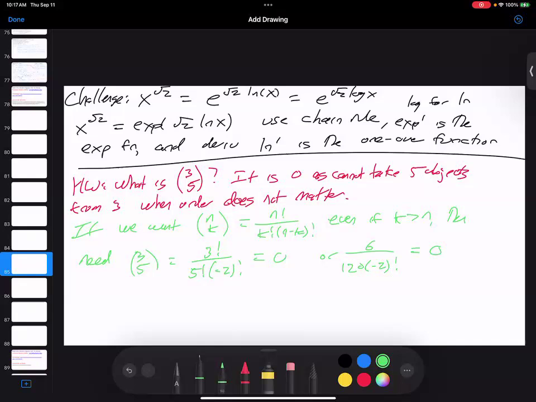So the only way that could work is we need negative 2 factorial to be infinity. There's no finite number we can put in that's going to work.